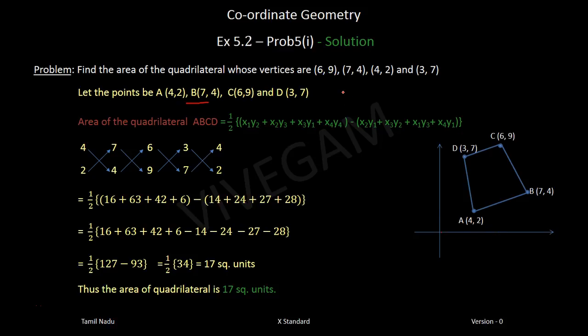If one unit is 1 centimeter, then 6 centimeters on the x-axis and 9 will become very big, right? So let's take half. Half means this is 3 and this is 4.5. So 3 units on the x-axis and 4.5 on the y-axis.